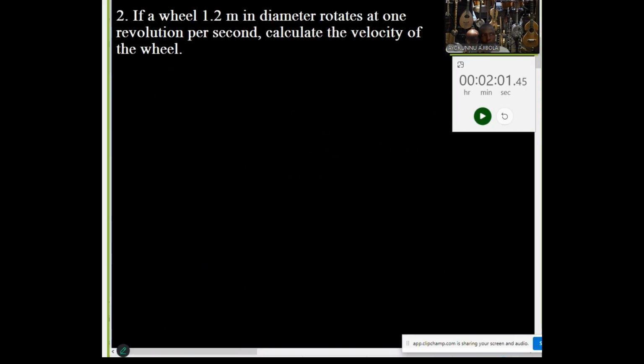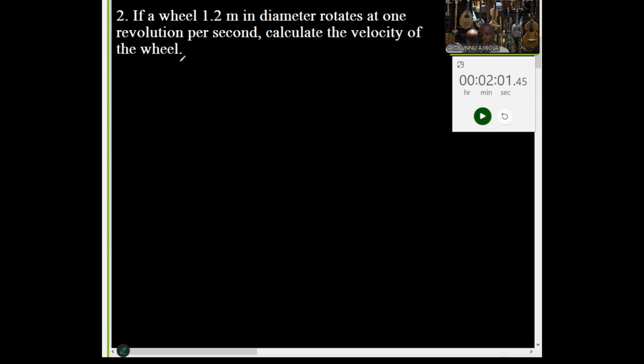So the question we have at hand says that if a wheel 1.2 meter in diameter rotates at 1 revolution per second, calculate the velocity of the wheel.